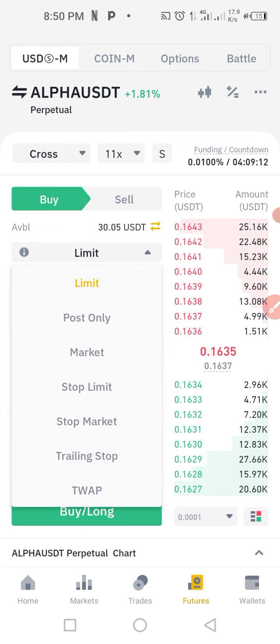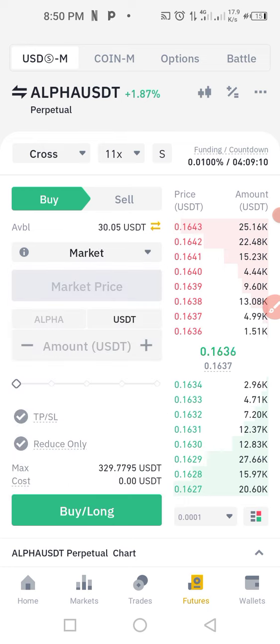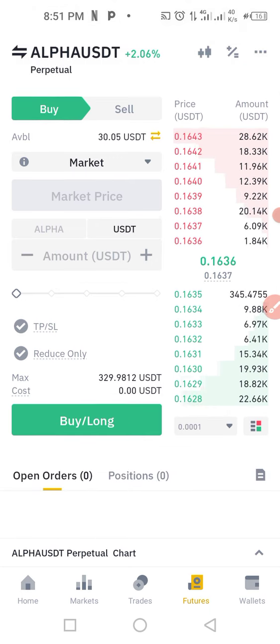But if you select the market order, it means that you are buying that coin at the market value. So in this case, you cannot regulate or select the price you want. So that is that.